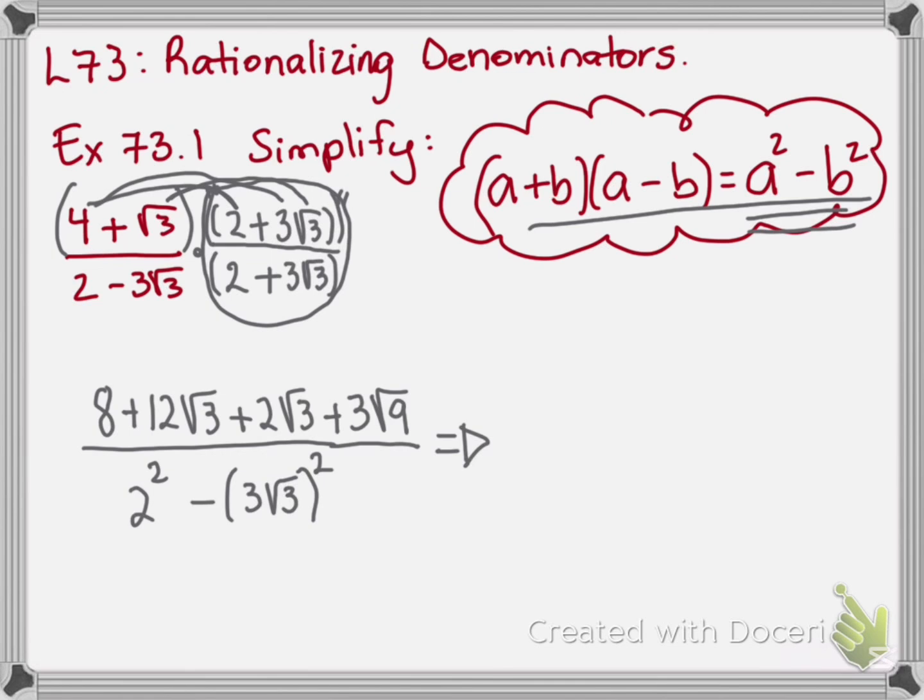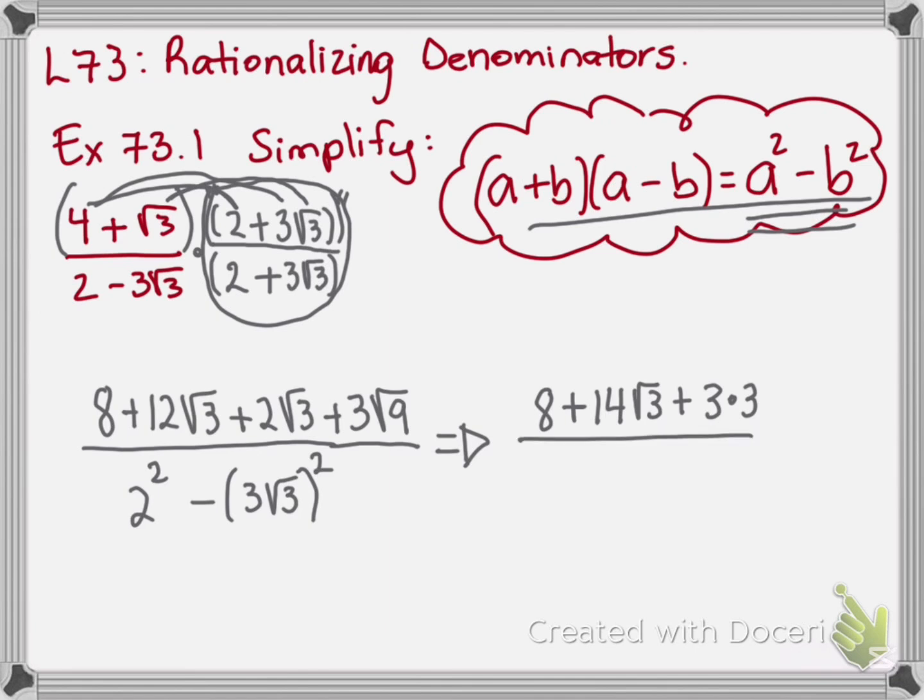So when we simplify that, we have to do the top, which is 8 plus 12 square root of 3 plus 2 square root of 3 is 14 square root of 3. And then we have to simplify that square root of 9. So 3 times the square root of 9 is 3 times 3. In the bottom, we have to simplify that as well.